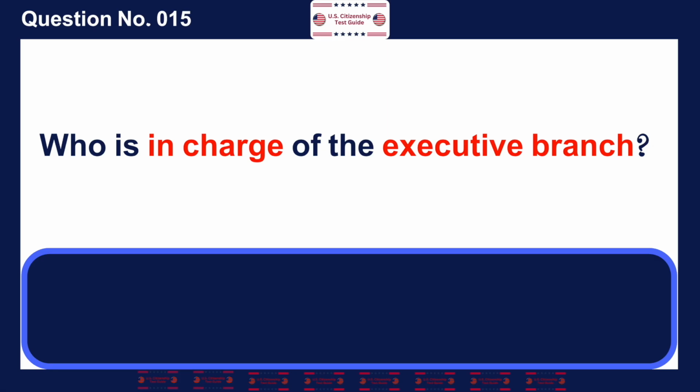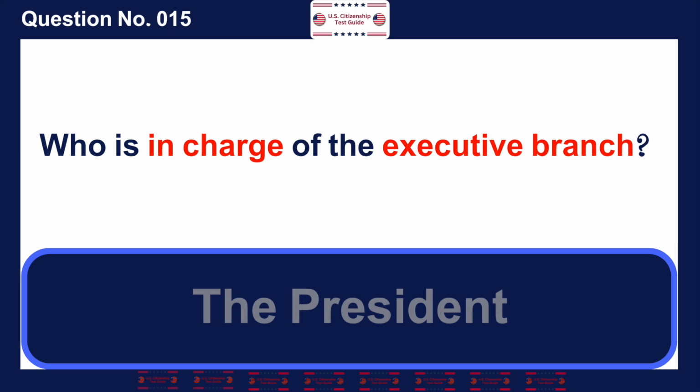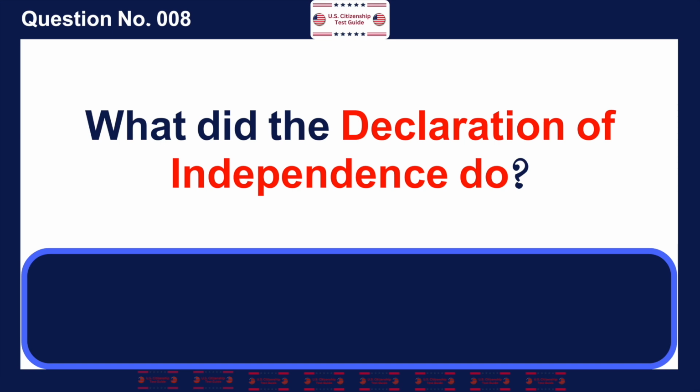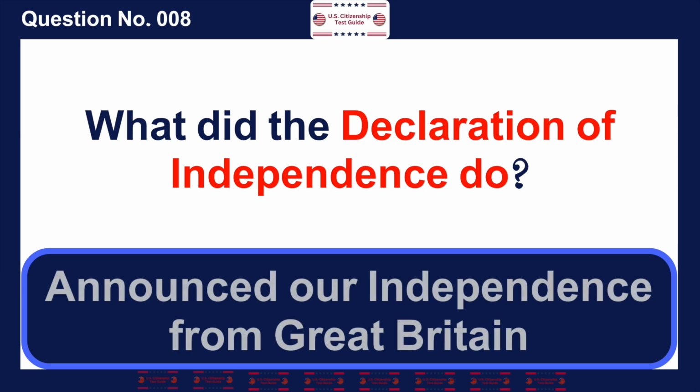Who is in charge of the executive branch? The President. What did the Declaration of Independence do? Announced our independence from Great Britain.